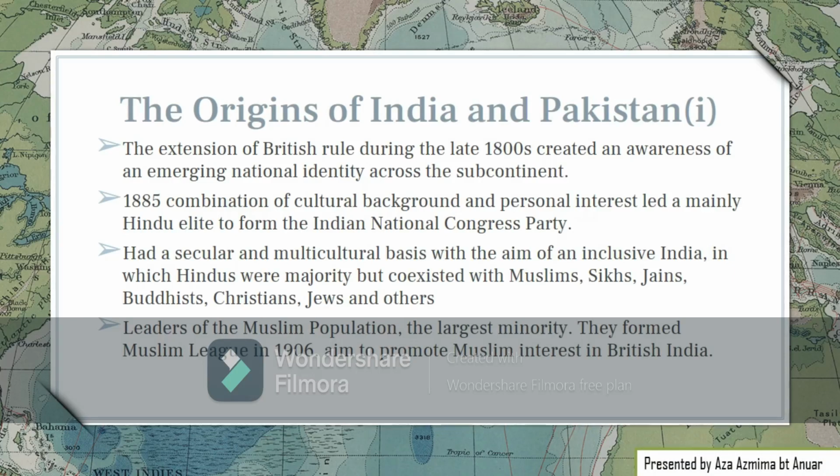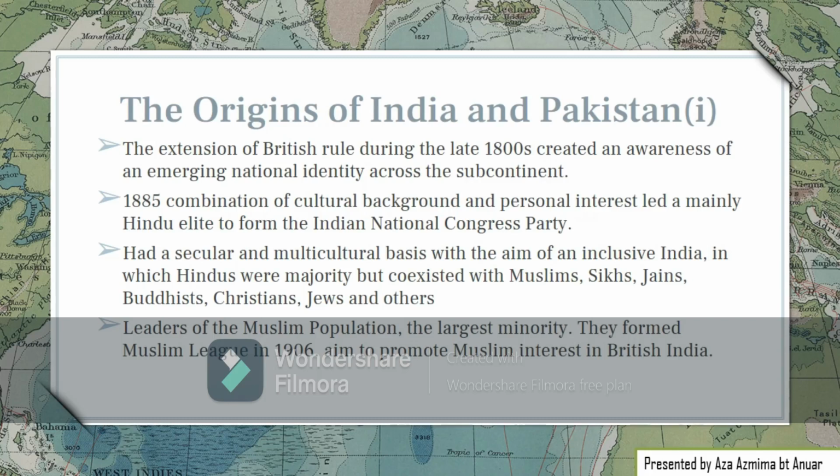The origin of India and Pakistan. The extension of British rule during the late 18th century created an awareness of an emerging national identity across the subcontinent. In 1885, a combination of culture, background and personal interest led a mainly Hindu elite to form the Indian National Congress Party.